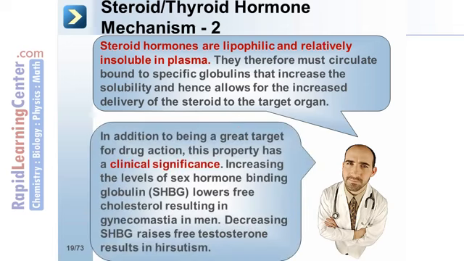In addition to being a great target for drug action, this property has a clinical significance. Increasing the levels of sex hormone binding globulin, or SHBG, lowers free testosterone, resulting in gynecomastia in men. Decreasing SHBG raises free testosterone, resulting in hirsutism.